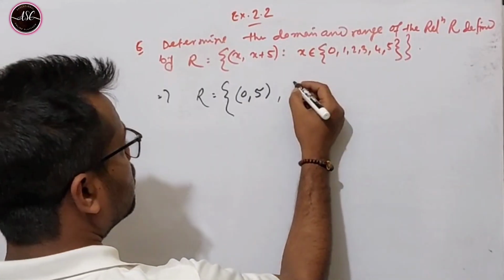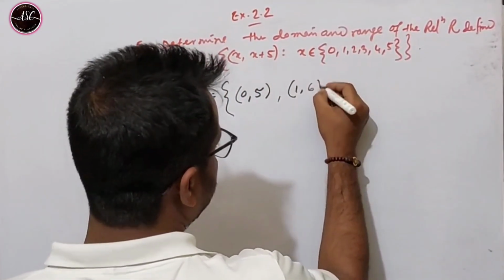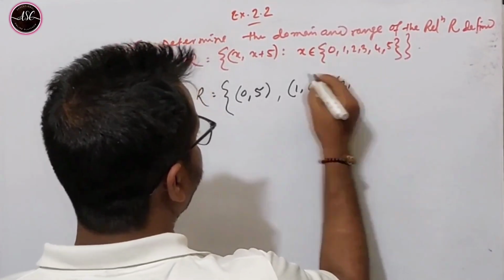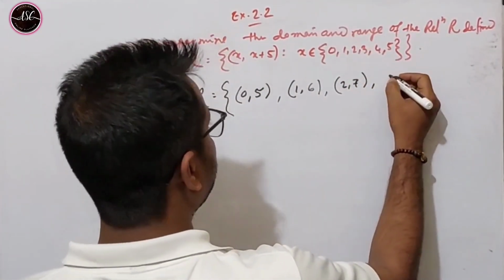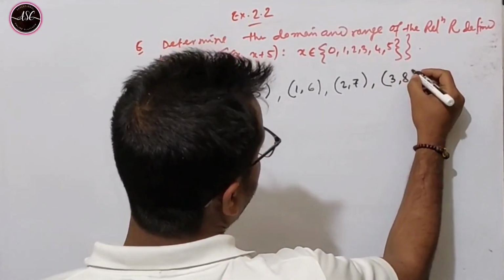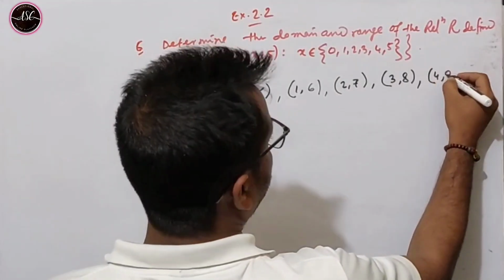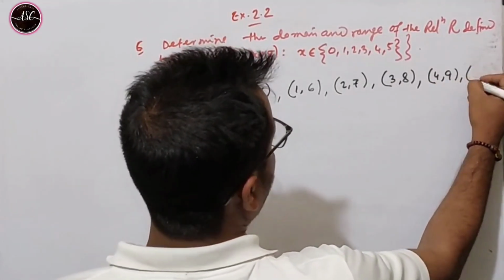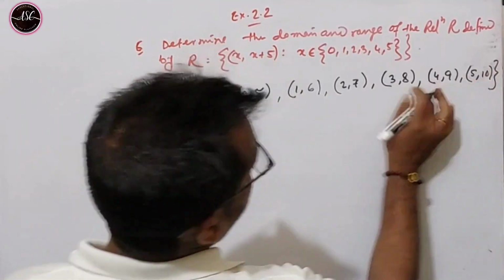Now if we put x equal to 1, then we get 1 + 5, that means 6. If we put x equal to 2, we get 7. If we put x equal to 3, then we get 8. If we put x equal to 4, then we get 9. If we put x equal to 5, we get 10. Okay, this is the relation.